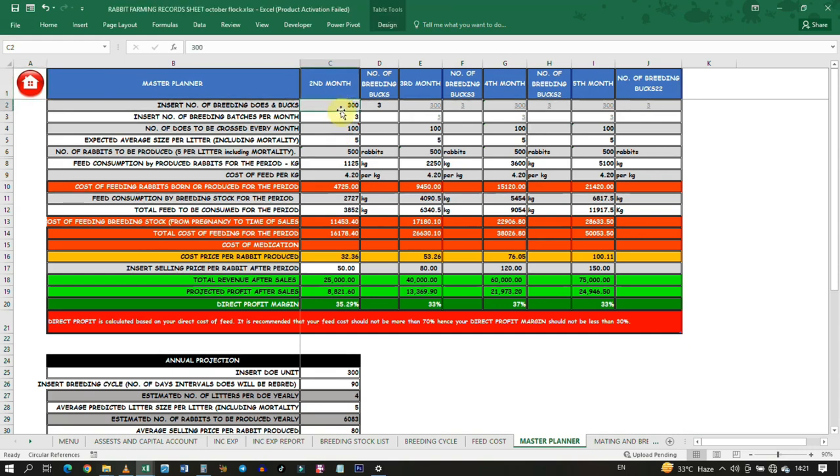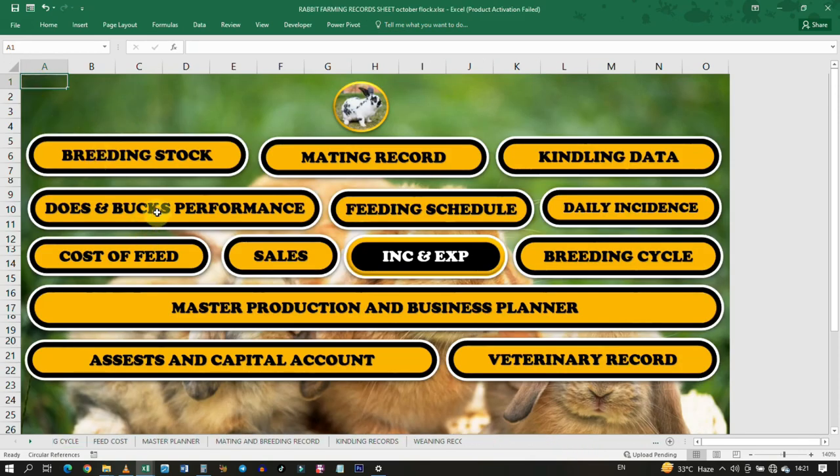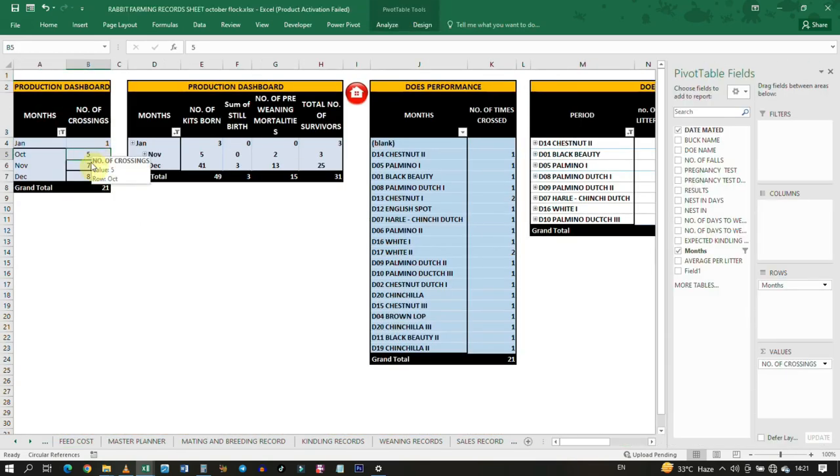With this 20 doe unit, the number of does to be crossed per month for me was 7. But when I come here, this one was 5, this one was 5, 7. So I saw that I was losing. So I had to try and force and cross 8 in December in order to balance the whole equation.